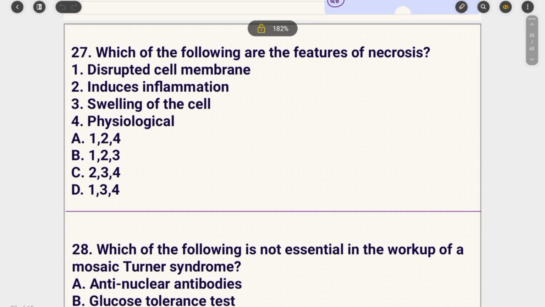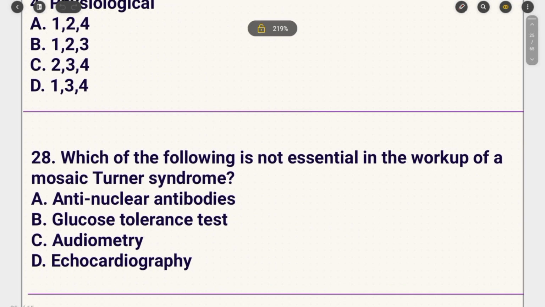Coming to the 28th one, which of the following is not essential in the workup of mosaic Turner syndrome? Anti-nuclear antibody is required. Is it required in Turner's? Let's see the second one. Glucose tolerance test. Yes, Turner's patients are more prone to diabetes, so a glucose tolerance test can be done.